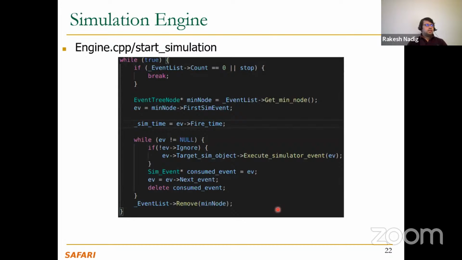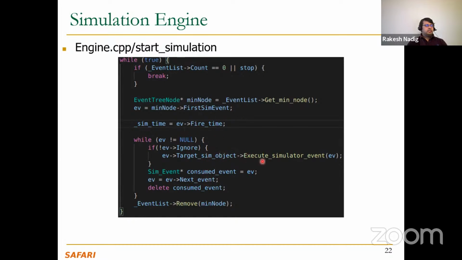In start simulation, we have a while loop, which looks at the red black tree that I just mentioned before. It gets the node with the least timestamp and uses that node to fire the event.